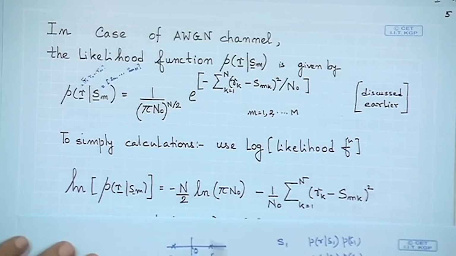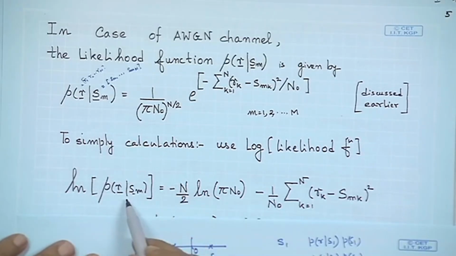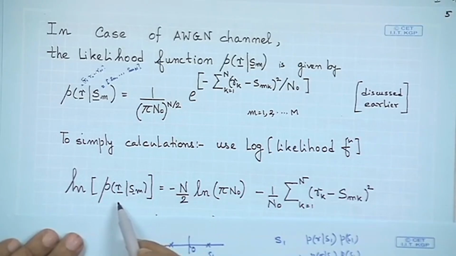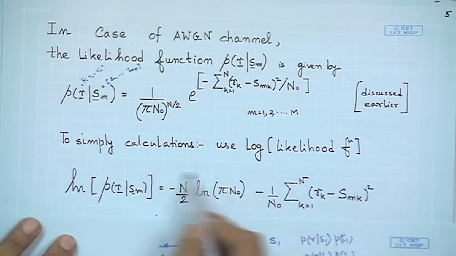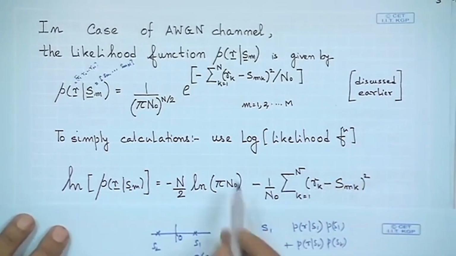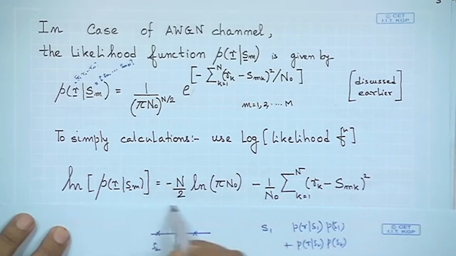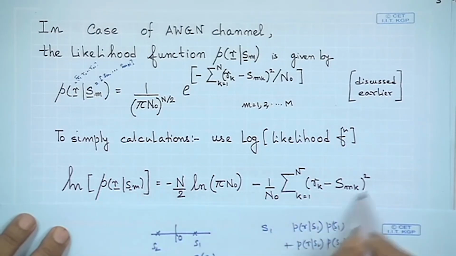Now, we said we want to maximize this. We started with maximization of this, therefore maximization of the log likelihood function, and now let us look at the log likelihood function. In the log likelihood function, we again see that this particular part is not influencing our result. This part is constant for all Sm, whereas this part has Sm.